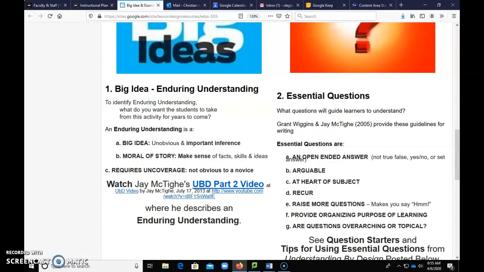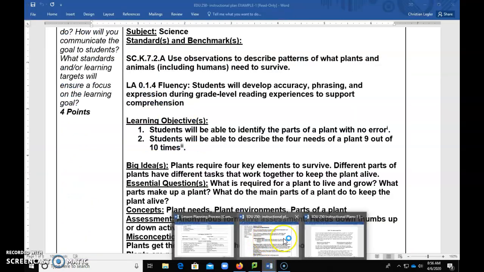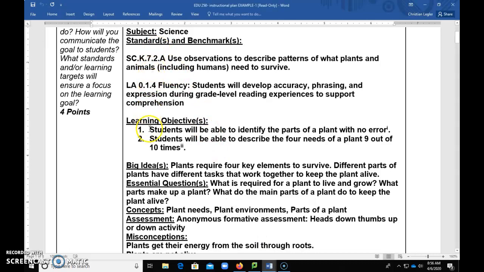Essential questions relate to those big ideas. So you don't want a lot of essential questions, maybe one or two, and it would be a question that kind of frames the whole lesson. Okay, so that'll help you kind of get through this page.